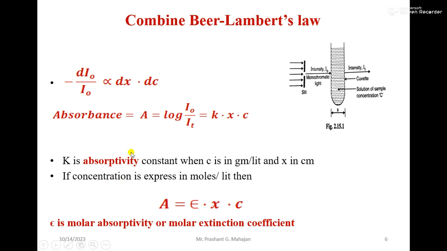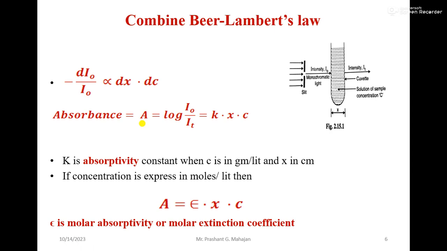After integration, we get IT is equal to I0 into e raised to minus k into x into c. So log of I0 upon IT is nothing but the absorbance.